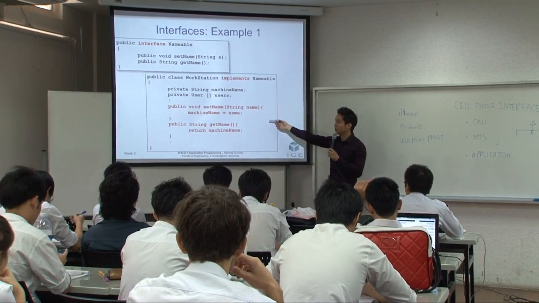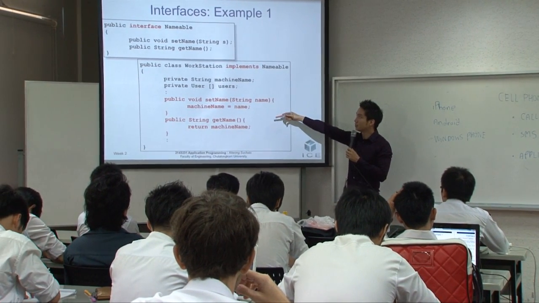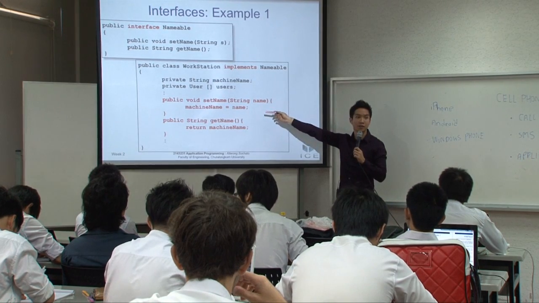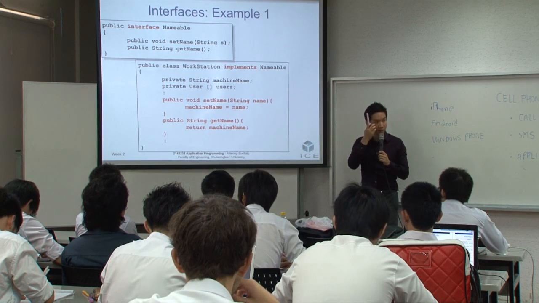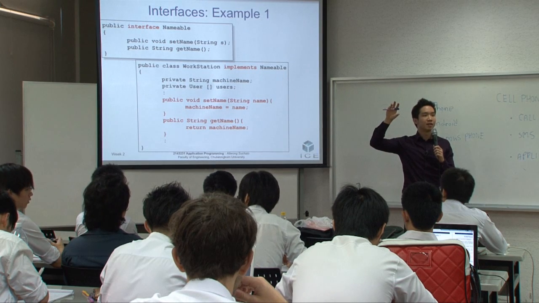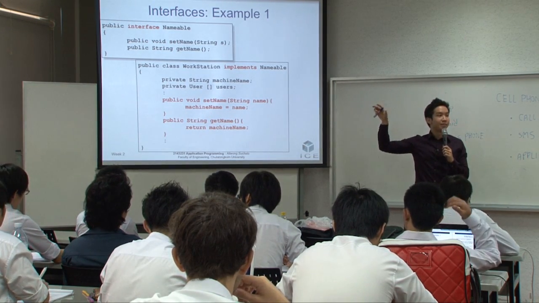Okay? And it's pretty simple, right? You pass the name to it, and then you just set the machine name, or the private member that you use to store the machine name. Same thing with getName, just return the machine name. The point here is just to show you the syntax, how you would use the keywords interface and implements.